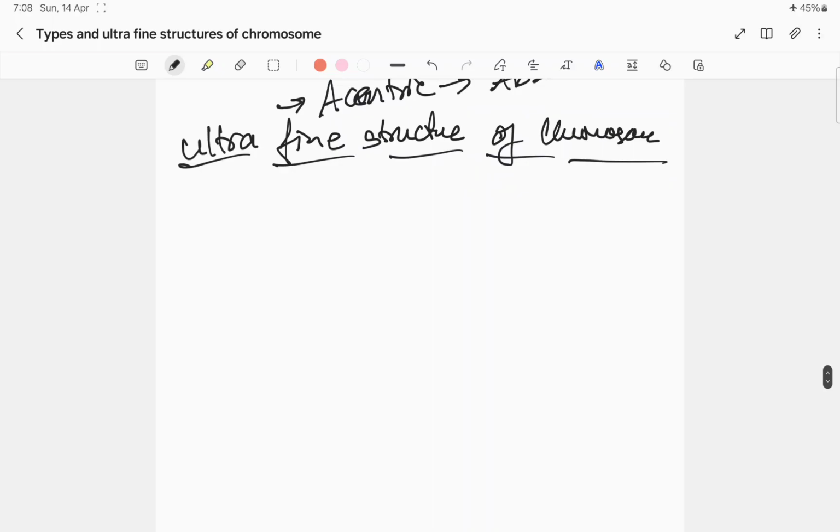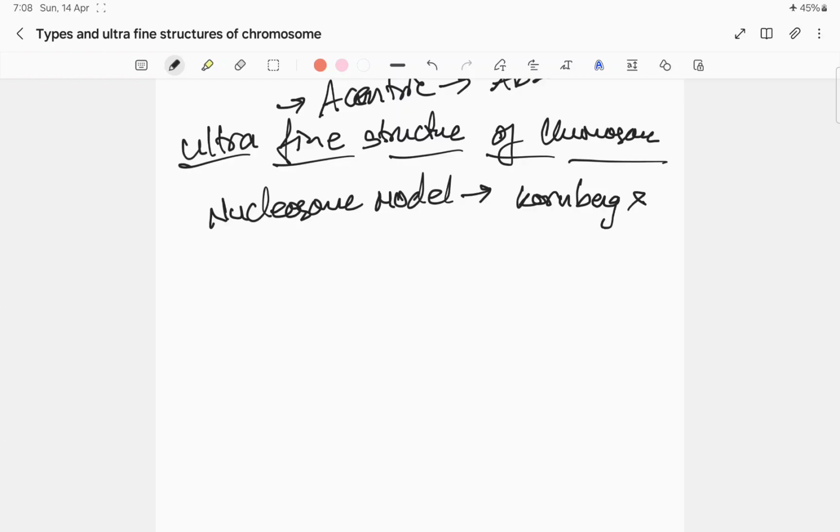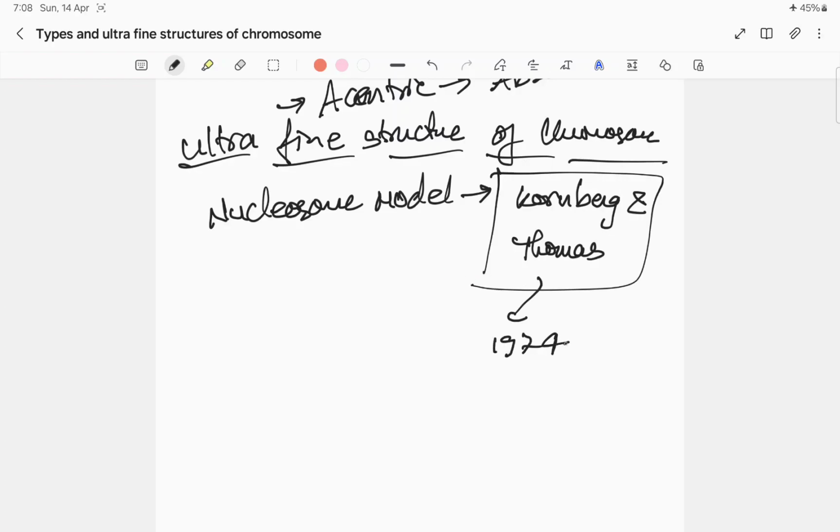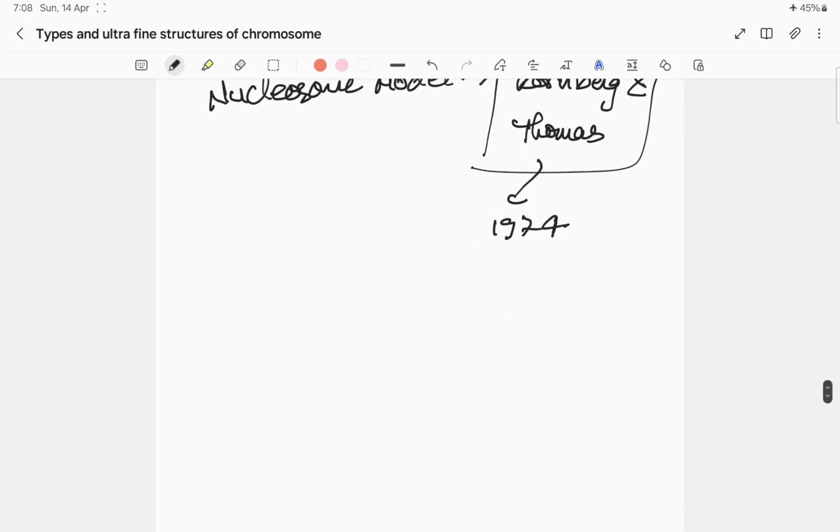This nucleosome model was given by Kornberg and Thomas. These are the two scientists who gave this nucleosome model in the year 1974. This is the universally accepted model for the structure of chromosome.